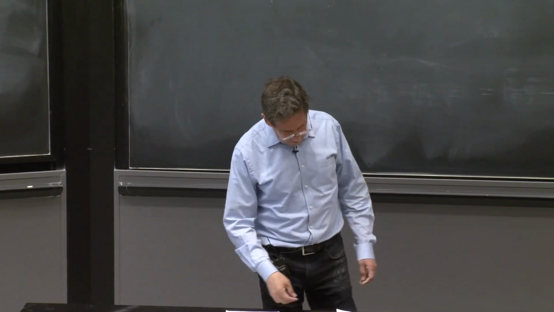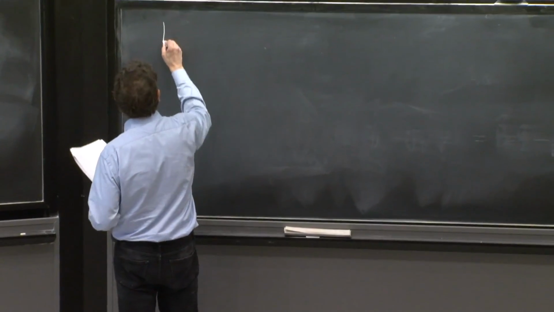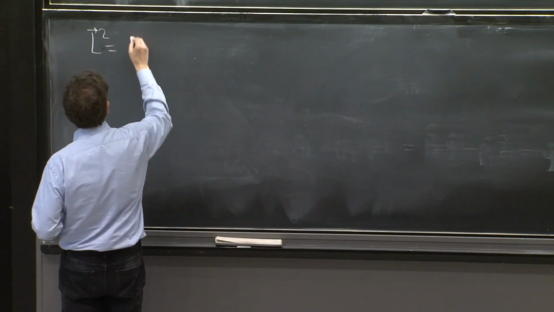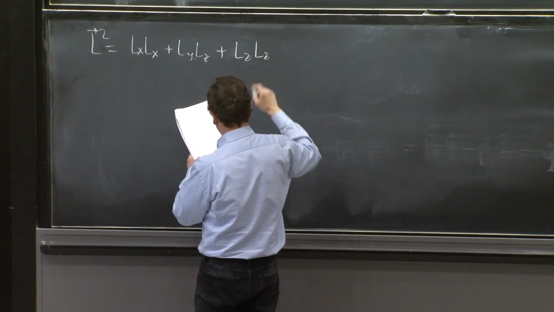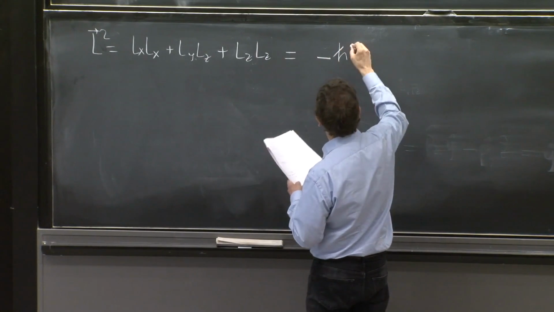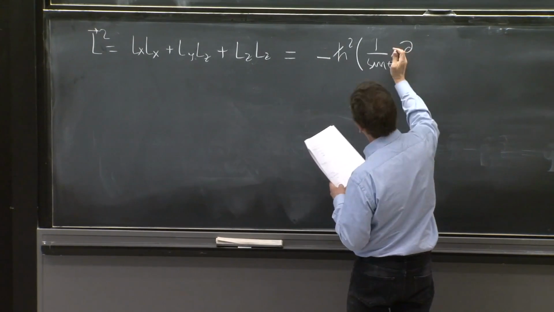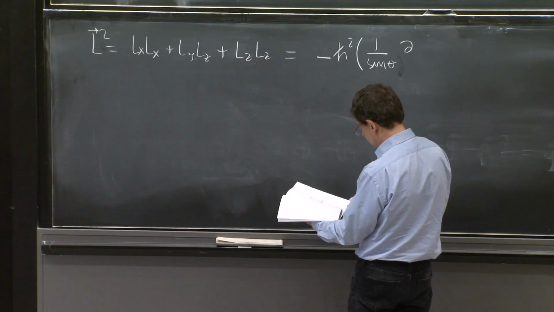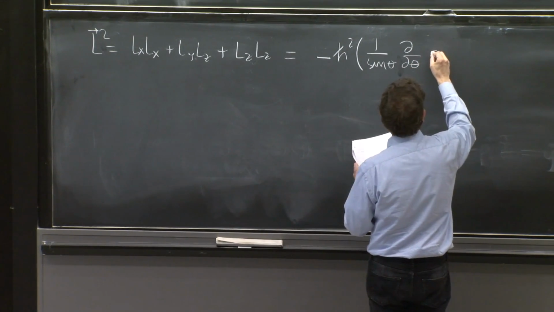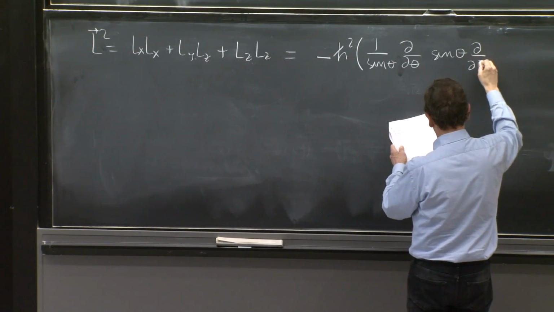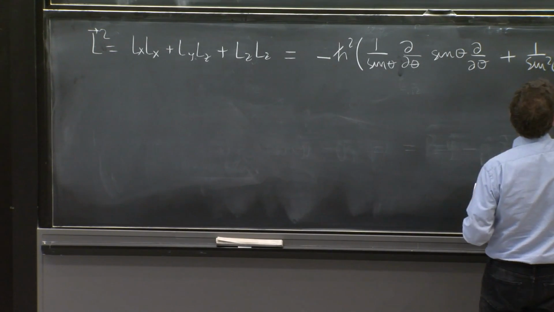So that calculation is left as an exercise, but now you probably could believe that L squared, which is Lx Lx plus Ly Ly plus Lz Lz, is really minus ħ squared [1 over sin θ ∂/∂θ sin θ ∂/∂θ plus 1 over sin squared θ ∂²/∂φ²].